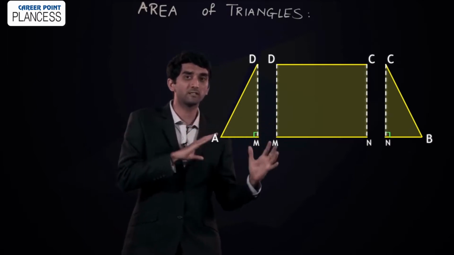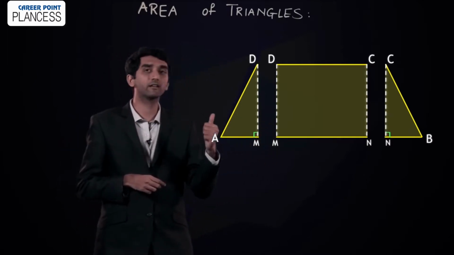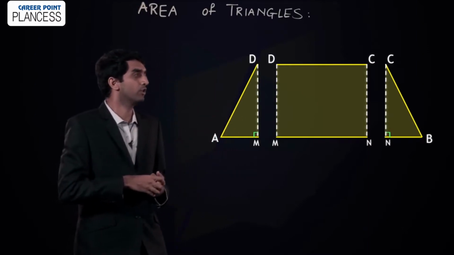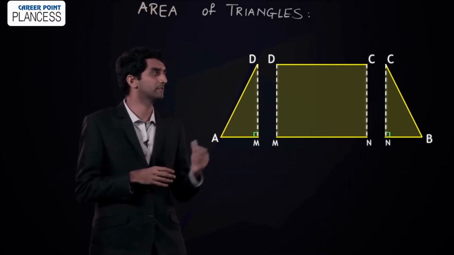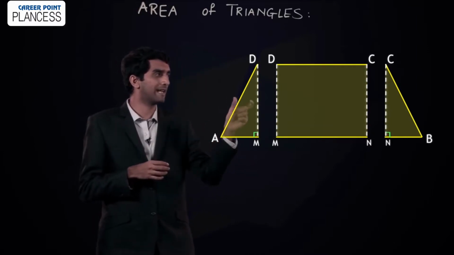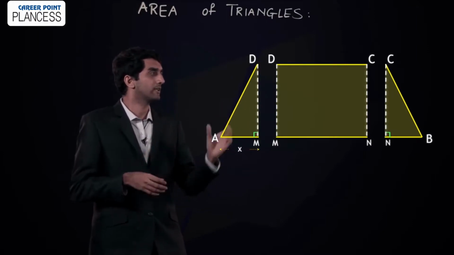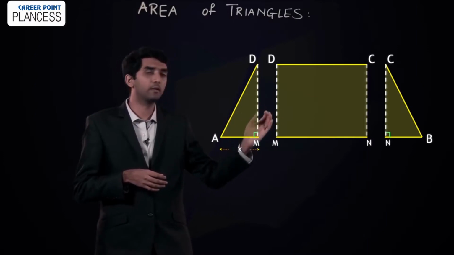So the trapezium has been broken into a right angle triangle, a rectangle, and again a right angle triangle. Now, since we have some unknown parameters, let's take AM as x, and let NB be y.